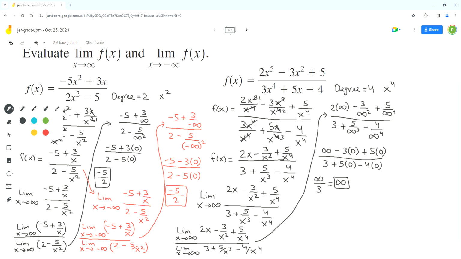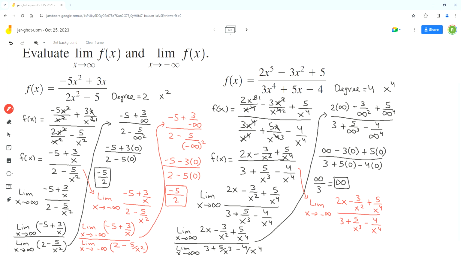Now we can do the analysis for x approaches negative infinity. So we'll use this expression here. So limit x approaches negative infinity of 2x minus 3 over x^2 plus 5 over x^4, over 3 plus 5 over x cubed minus 4 over x^4.